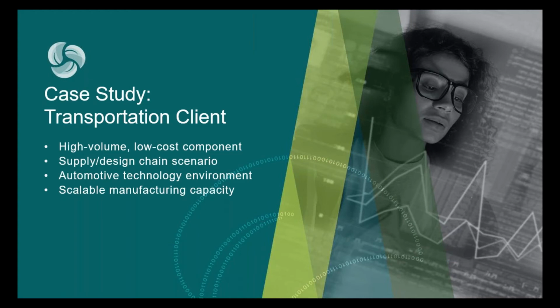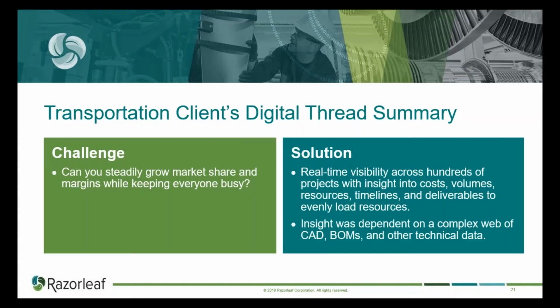The other part that was interesting about their business is they had a very scalable manufacturing capacity because they're making these small plastic parts, they can just add warehouse space and injection molding machines and get their tooling, and they can really build out capacity very quickly. So it was a balance for them between the engineering and design capacity needed to capture business and that manufacturing capacity needed to actually execute and deliver, but they needed to keep both sides of their business balanced. That's how they worked and how they made money.